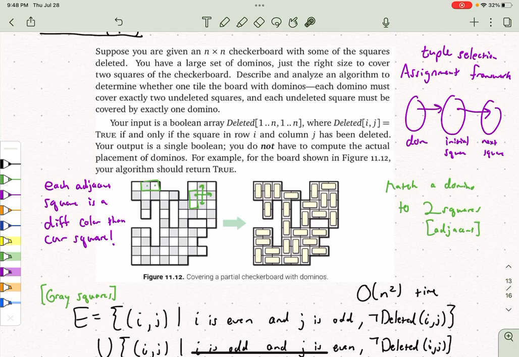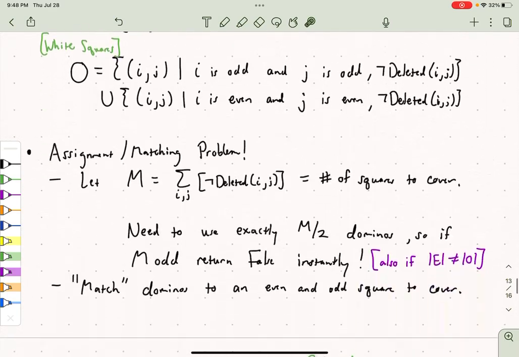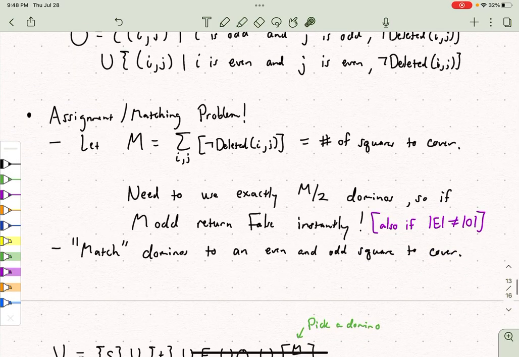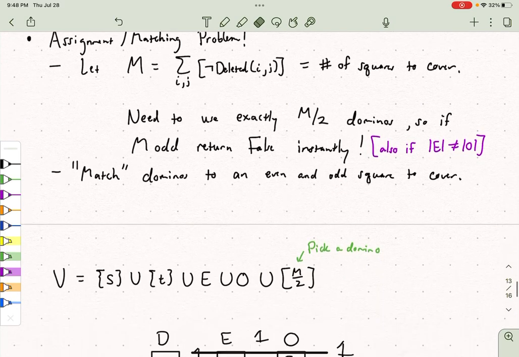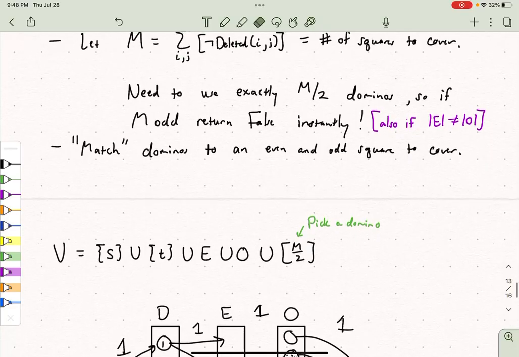So now we can kind of see how it's a matching problem. We're going to match it to a single gray and a single white. So these sets will become gray and white respectively. Okay. So we're matching dominoes to even and odd squares in order to cover it. So what's this graph going to look like?